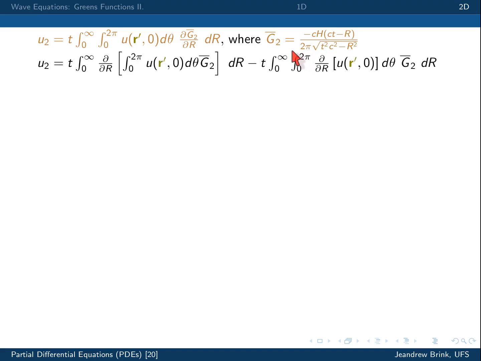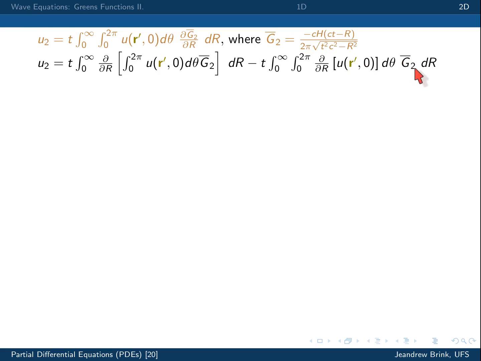I'm going to integrate by parts, and this term is equal to ddr times the full term over here minus what I need to correct it. And minus what I need to correct it is basically ddr times that term, but because the boundaries are constant and not dependent on r, I can move ddr inside.